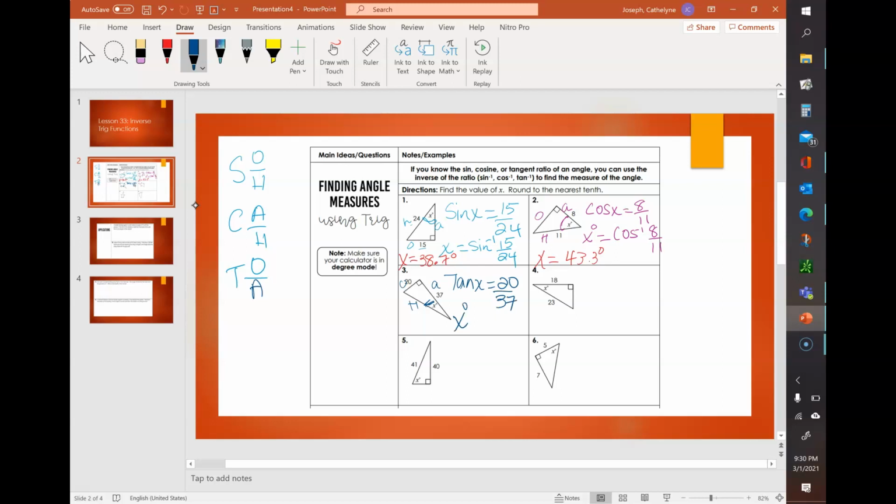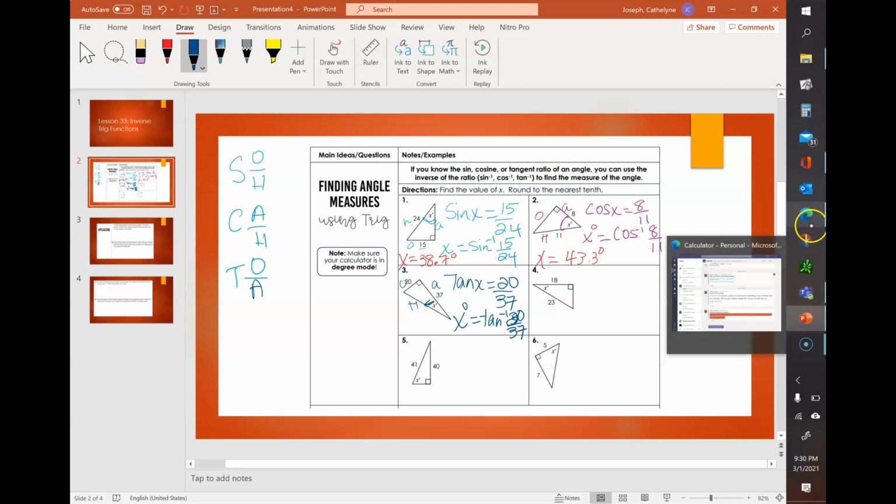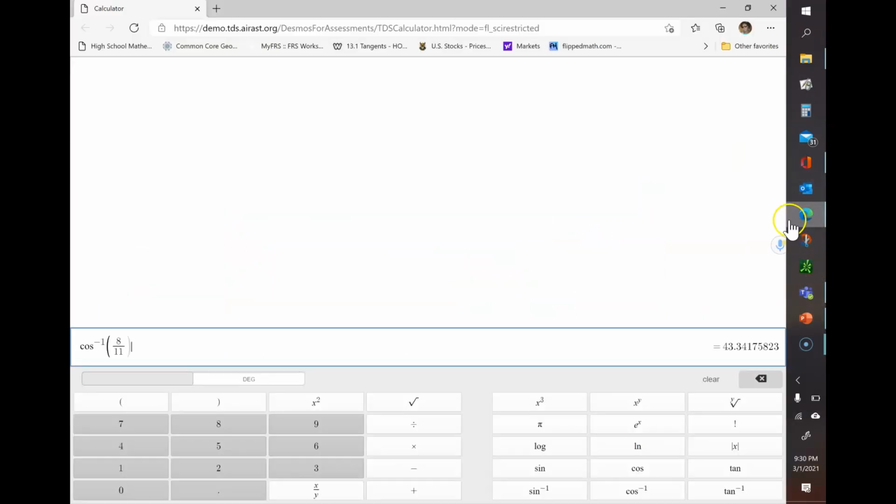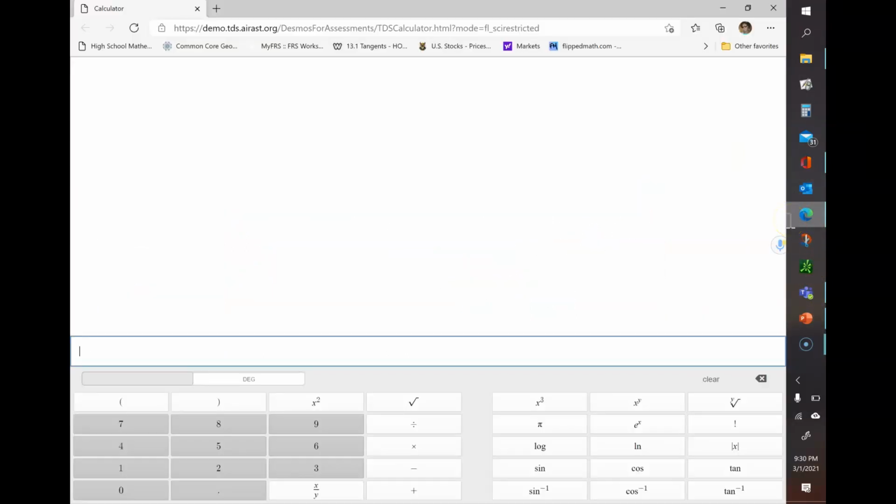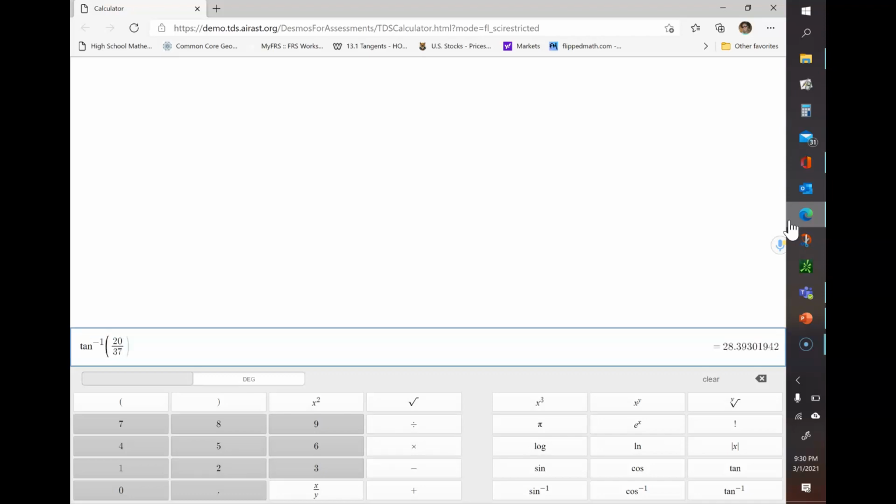To solve for the degree, we do the inverse tangent of 20 over 37. We get 28.4 when we round to the tenths place.